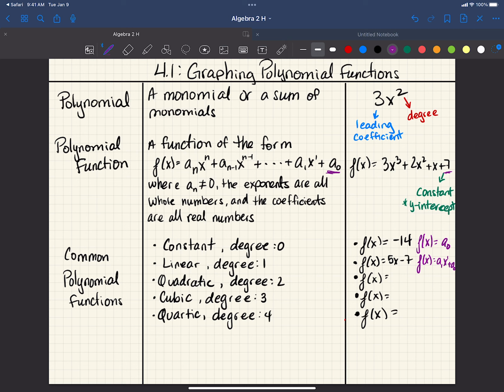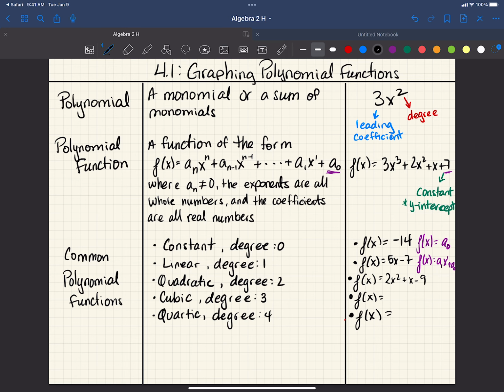So if you can't see it, because I'm probably not going to have enough space with these last few functions, you can always check your textbook. I think the most important part is the actual example of what it looks like more than anything, because you're not going to see it in terms of a1x plus a0. We're going to see it in this standard form here with the actual terms and values.